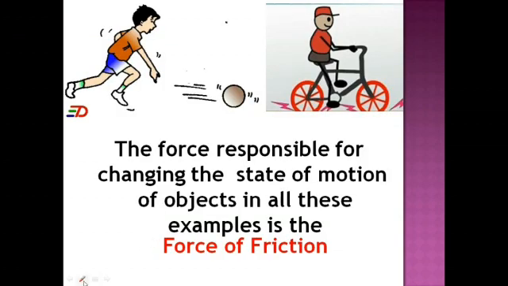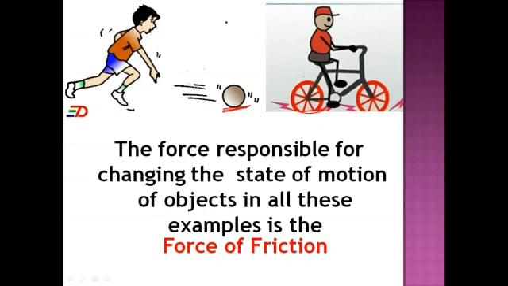If you look at the ball, children, this is the floor. Yes, this lower part of the ball is in contact with the ground. Here also, if you notice, the bicycle wheels are in contact with the ground.